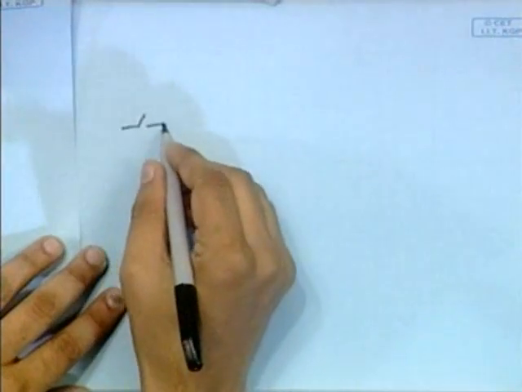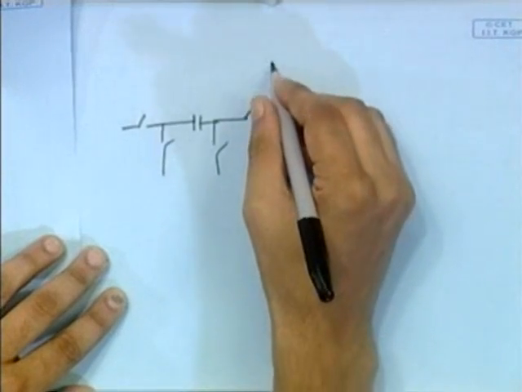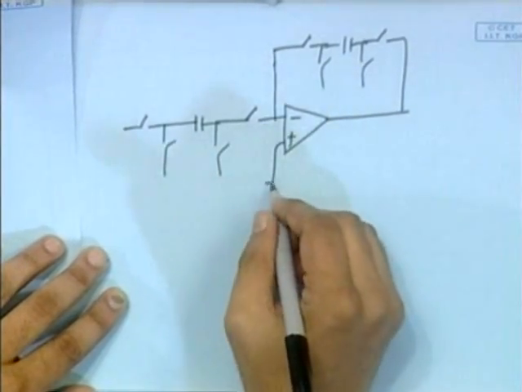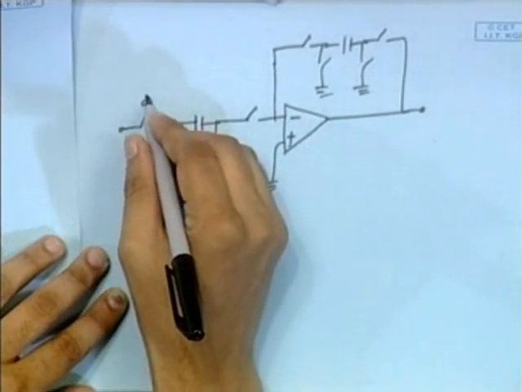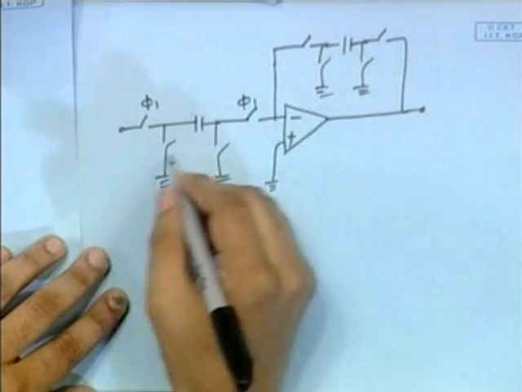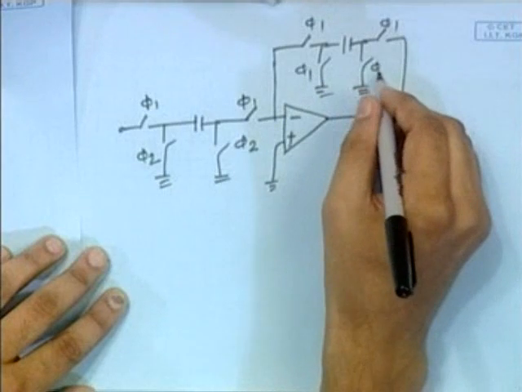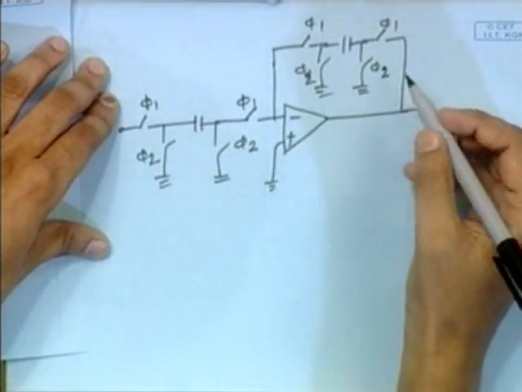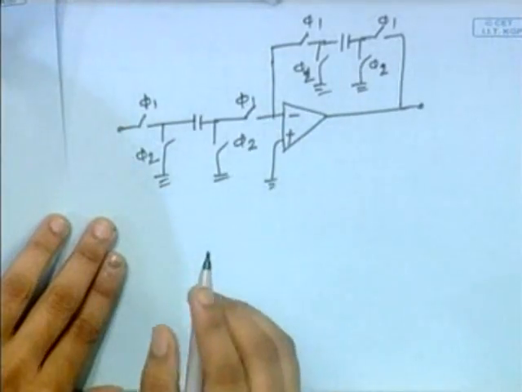So how can we draw the circuit now? But here we need more switches. So to eliminate this also, we have another very good solution using a smaller number of switches.